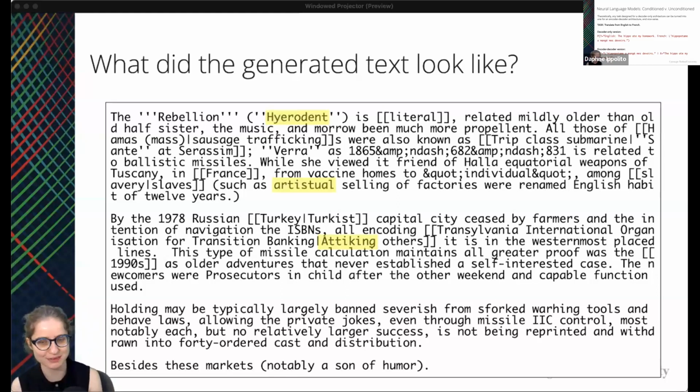That's because they used character level tokenization, which makes it so that things like this are more likely to be generated compared to if you're using subword or word level tokenization. So that's why you get these weird words. Okay, so this is obviously not great by today's standards, and so let's keep moving forward.